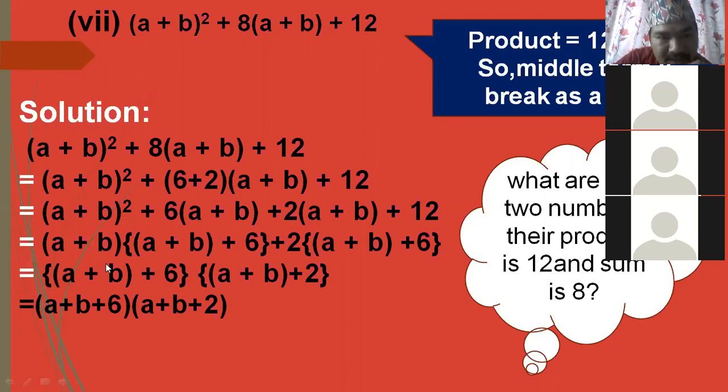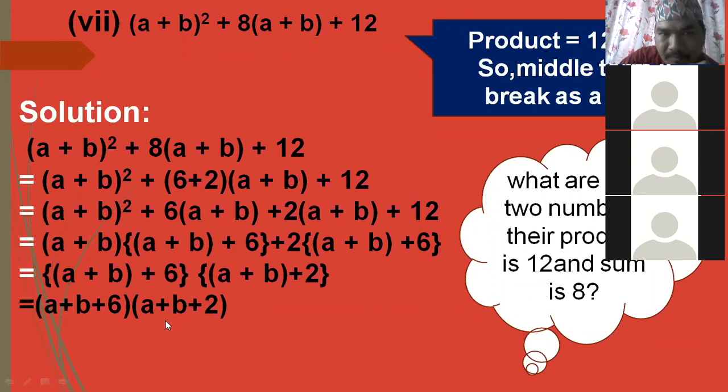Then A plus B is common. A plus B left, and here left 6. And from this last two terms, 2 is common. A plus B left from here and 6 is left from this 12. Then look here, A plus B plus 6 is common. Then A plus B plus 6 common taken, then what is remaining? A plus B plus 2 is remaining. These are the two factors.